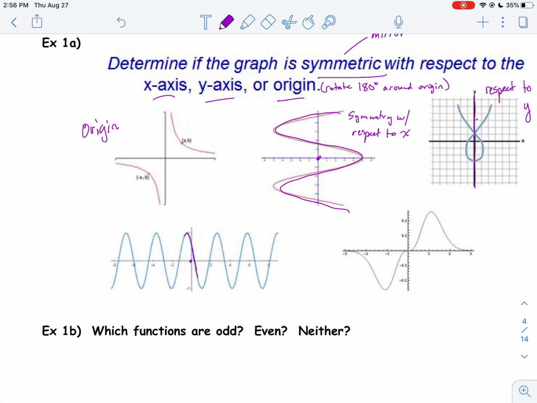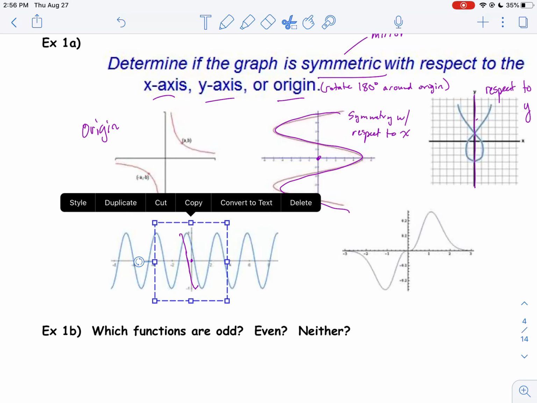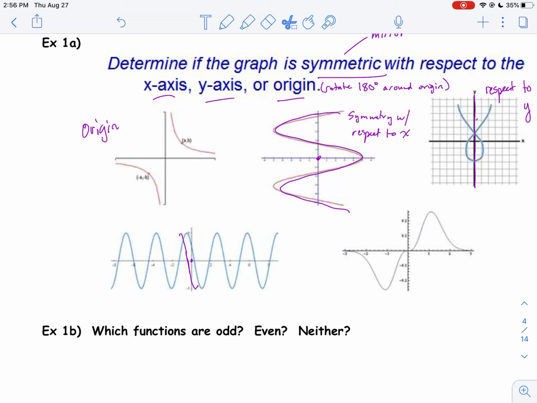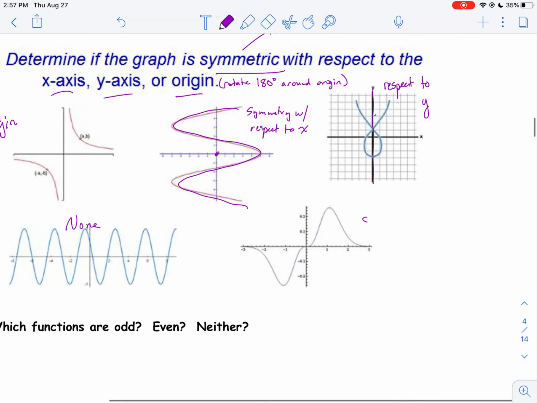I'm not going to curve this all out, but you can imagine if I rotated it, it doesn't quite land. You see it's on the other side of the axis. Okay, so this is none of the above. This one does have symmetry with respect to, that's an abbreviation you can use, the origin.